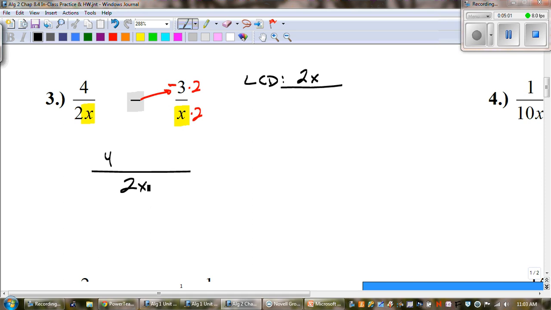It's over 2x, and we are subtracting 3 times 2, which is 6. So I need to combine my like terms. On the top, 4 minus 6 is negative 2 over 2x, and I can reduce 2 over x. That ends up turning into negative 1 over x.